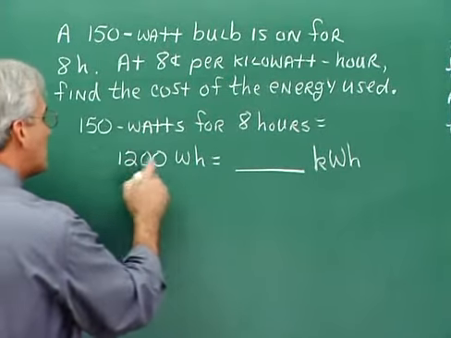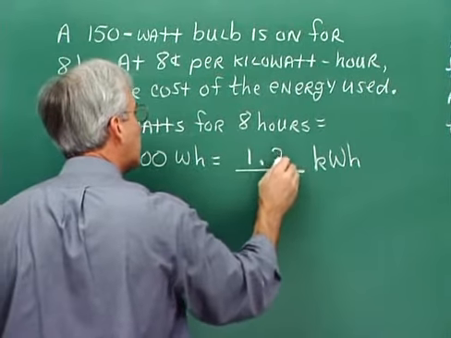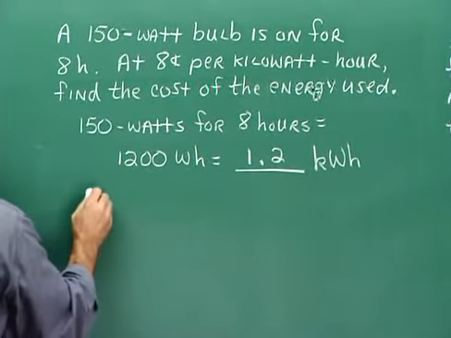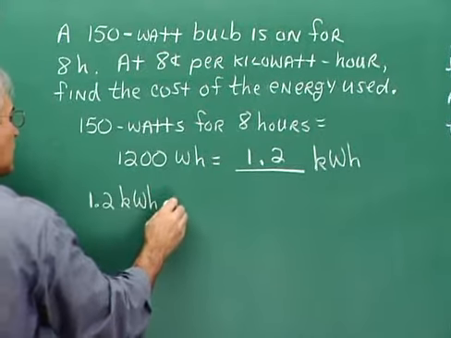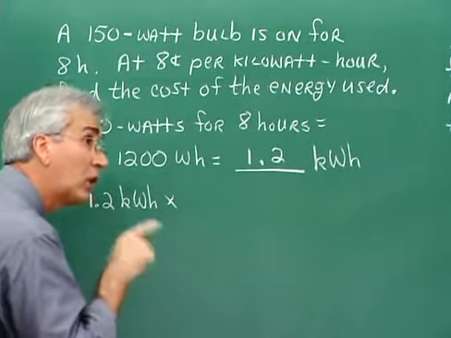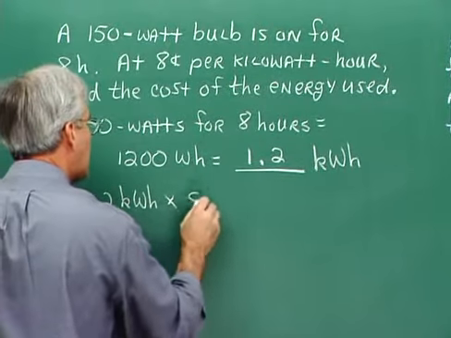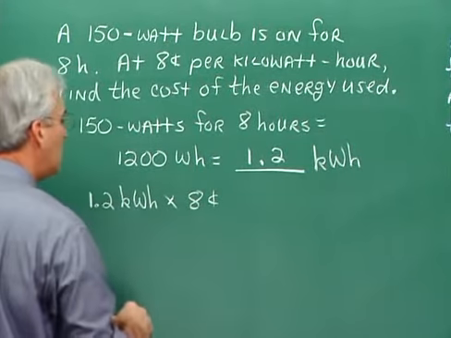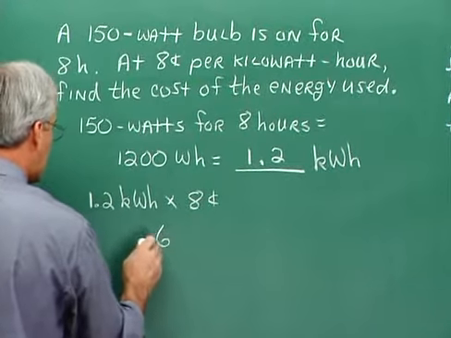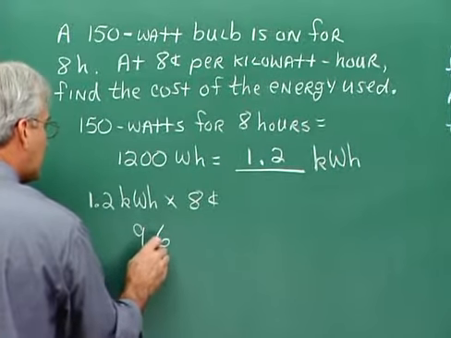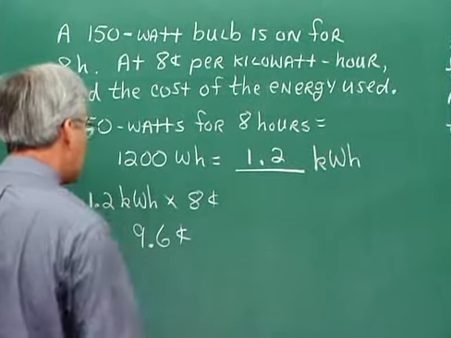Slide that decimal 3 places over, and this becomes 1.2. And now we take 1.2 kilowatt hours and multiply times the cost per kilowatt hour. That's 8 cents per kilowatt hour. And we get, 8 times 2, 16. 8 and 1 is 9. That's 9.6. So that's 9.6 cents.